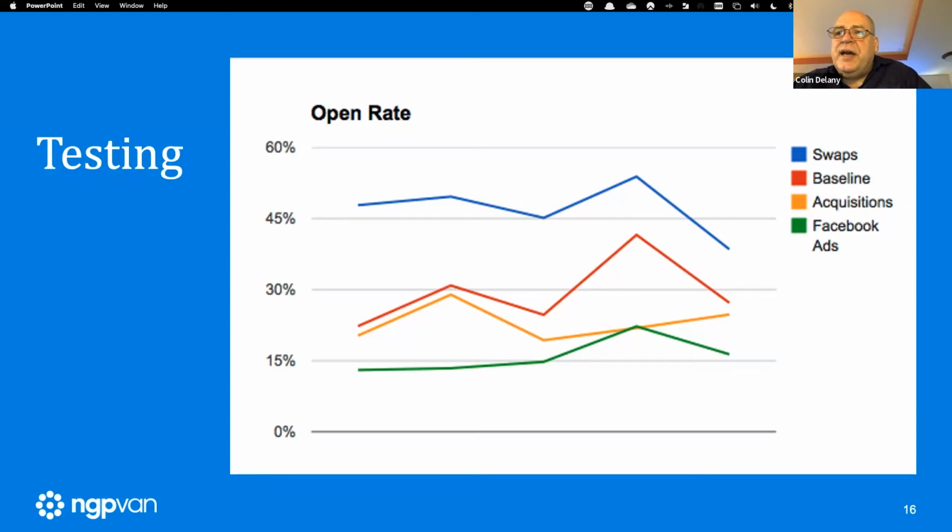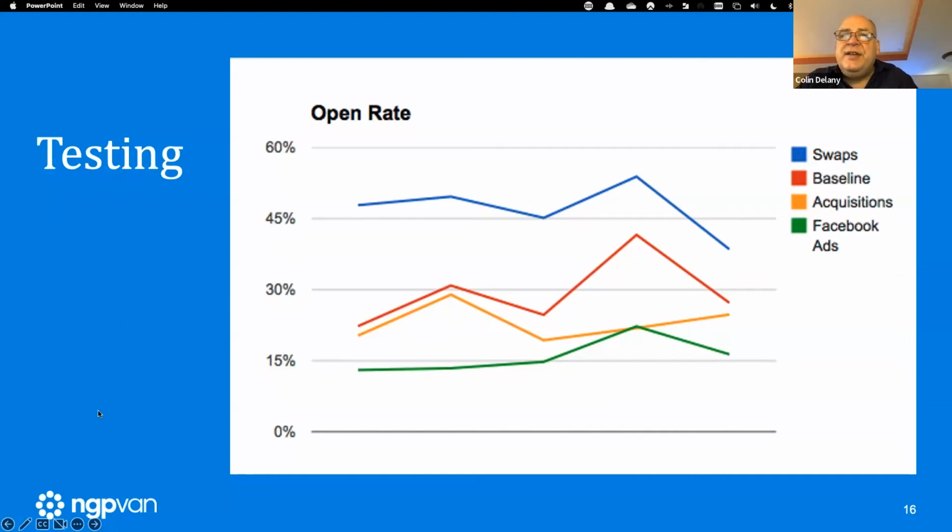As you can tell here, list swaps outperformed Facebook ads and paid acquisitions for this particular group at that particular time. So if you're able to track origin sources, this can be a really important way to measure how effectively each list growth channel is working for you.